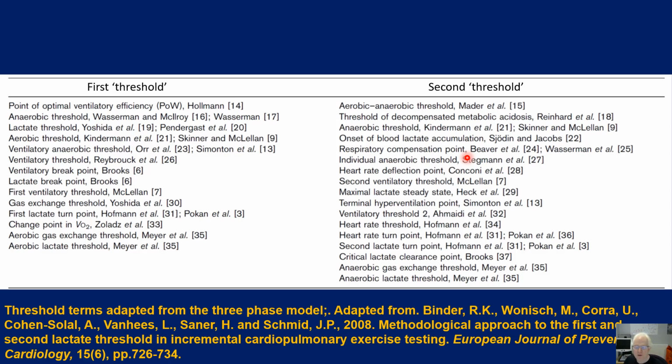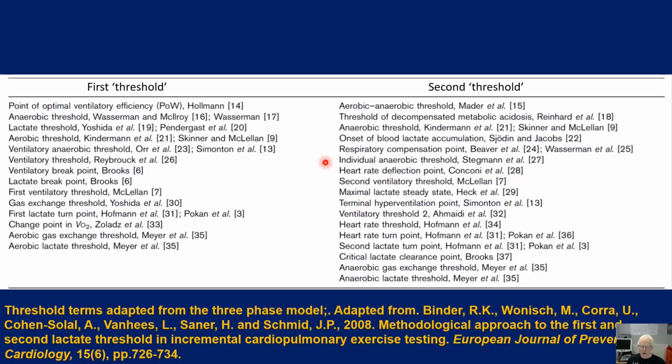It gets even more confusing because, as you're about to see, they have thrown in under the second threshold, which is higher than what we're terming LT2, things like onset of blood lactate accumulation, individual anaerobic threshold, and so on. And yet, as I'm about to demonstrate, if we were using their definitions, they would actually fit under the first threshold response. So it's absolutely littered with issues and mistakes.